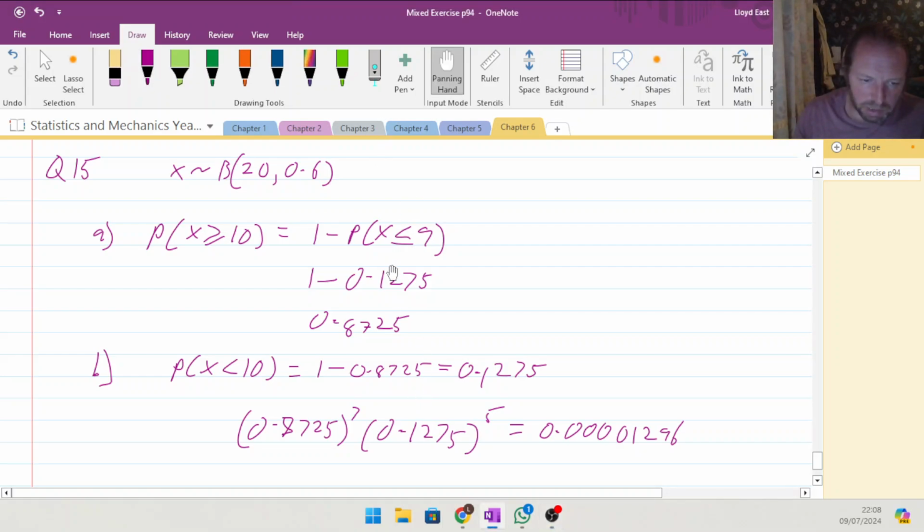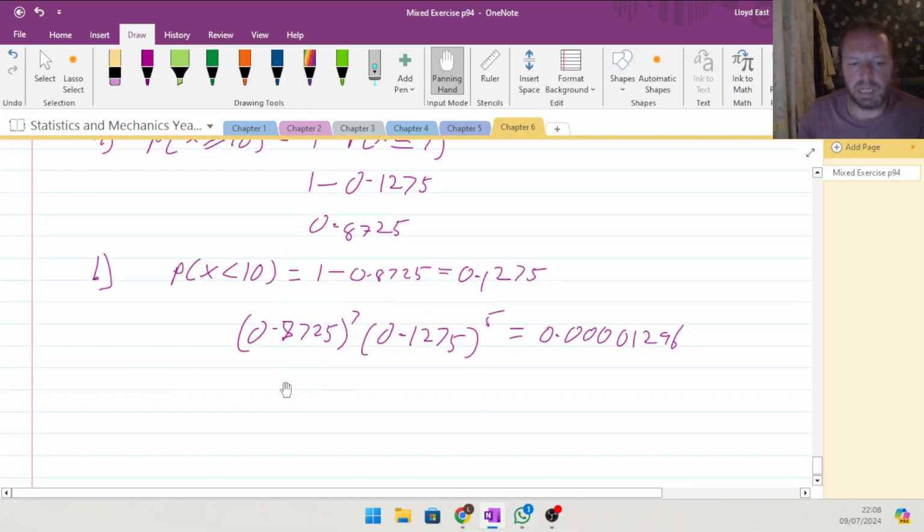So not only do we need to take that, that would be one way, but there's multiple ways that we could do it. That there is the probability of them hitting the 50% or more 7 times and then missing it 5 times. What about if they hit it 6 times, then missed it 5 and then hit it 1 more? So we need to do the combinations of all of the ones, which of course is going to be your nCr.